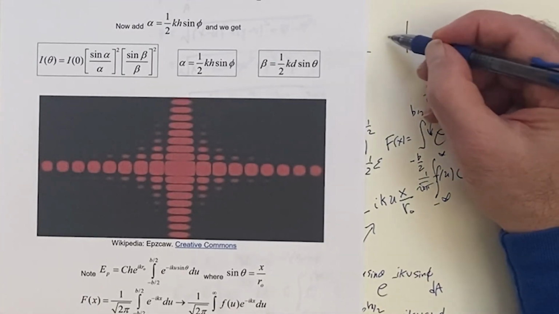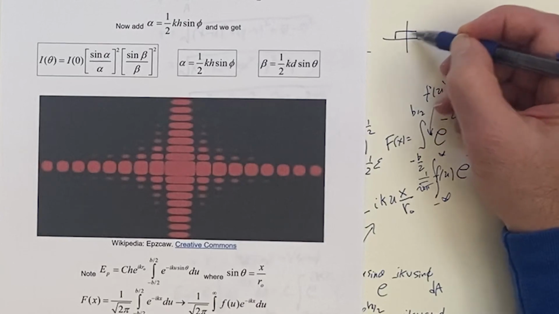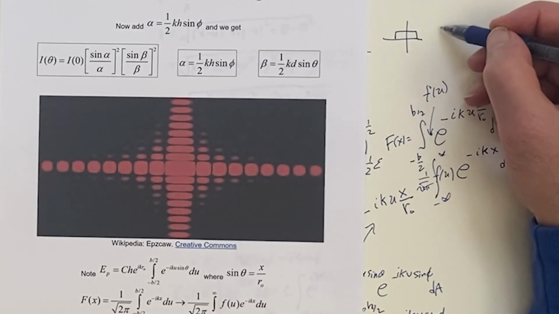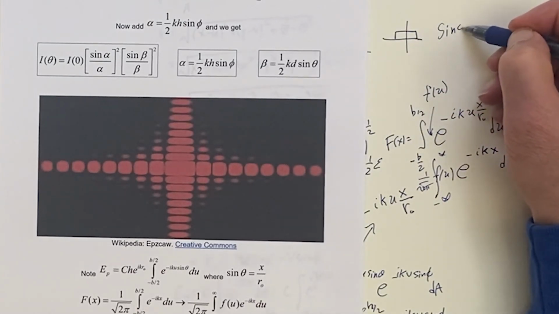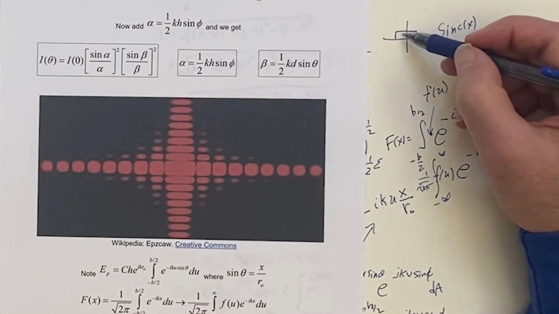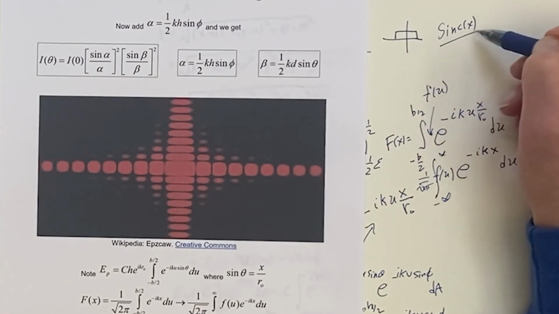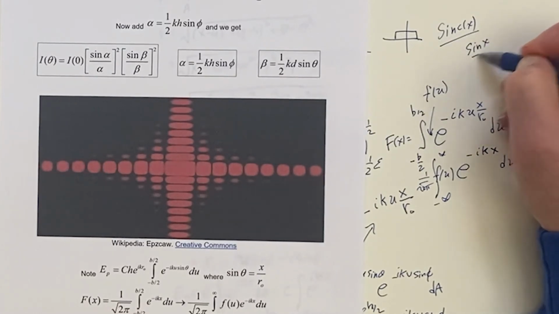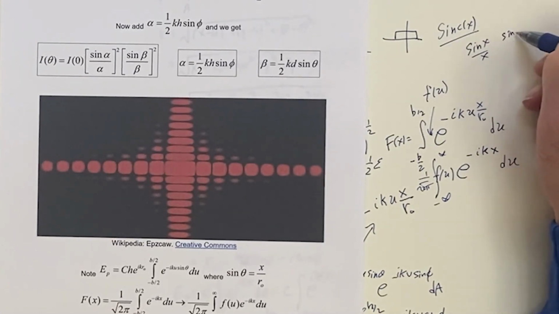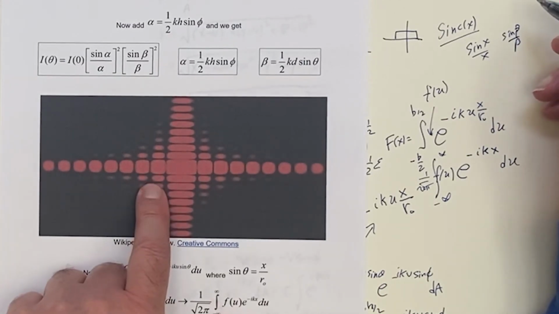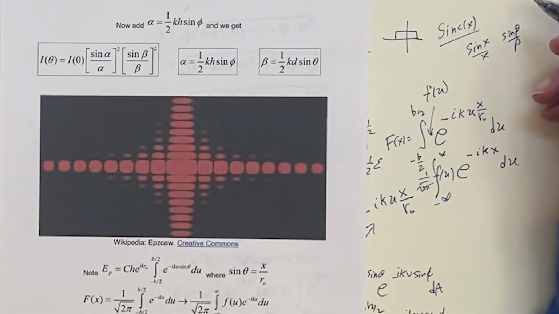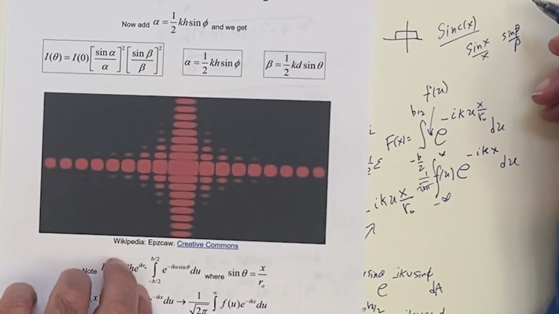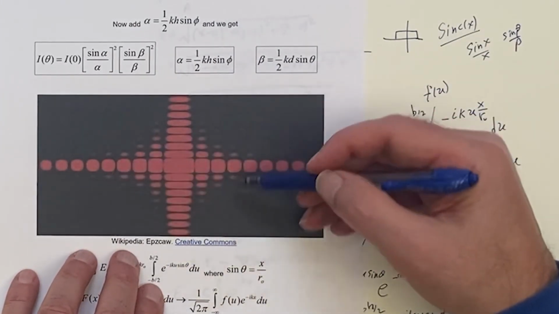Remember, we did this pulse for our homework, and that pulse had the sinc function, with its sine of x over x; in this case it'd be a sine of beta over beta. That's the Fourier transform. You're looking at the Fourier transform of the source on the screen. Amazing. Notice the beautiful two-dimensional effect here.